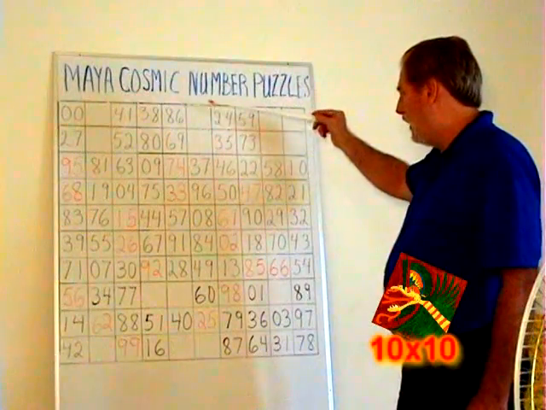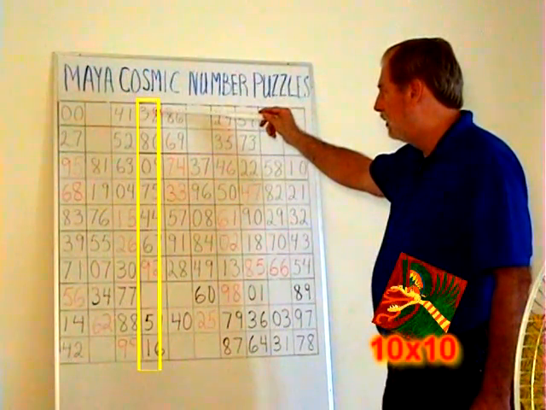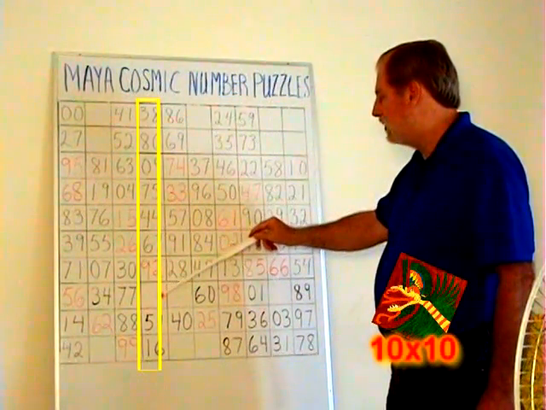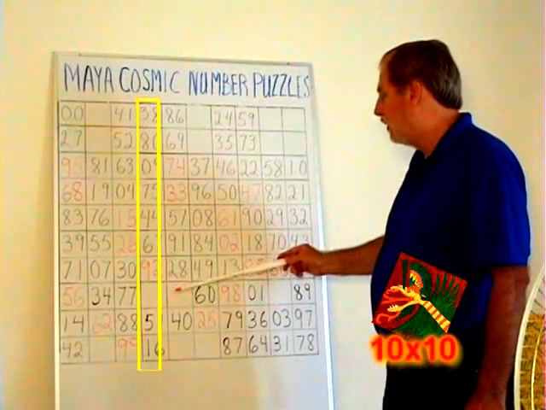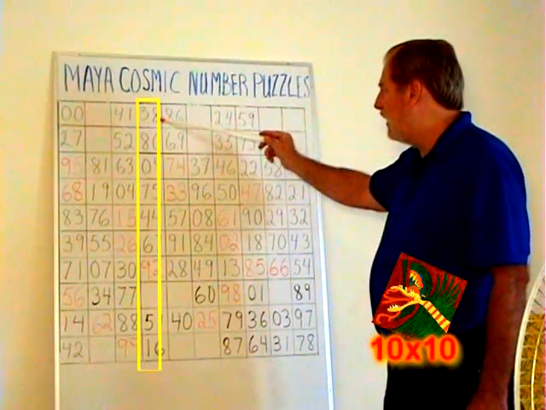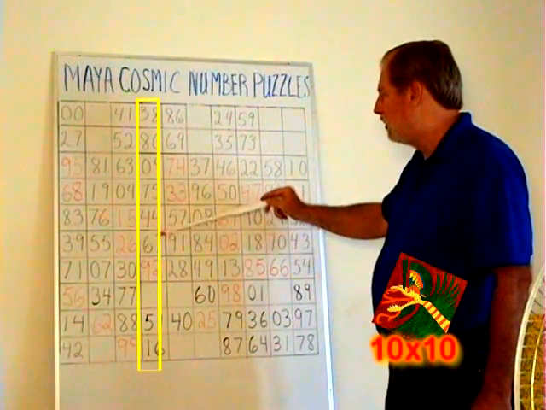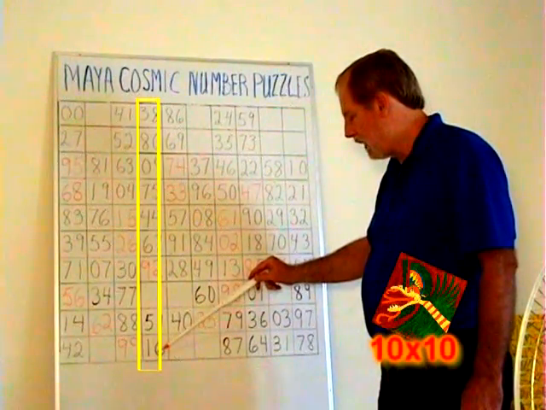Then when we check around on the puzzle, we see that this column here is only missing 1 spot, so we solve for that. We see that there is an 8, 0, 9, 5, 4, 7, 2, 1, and 6.